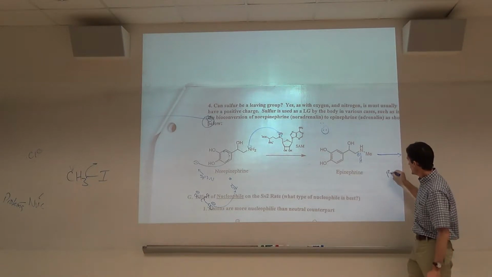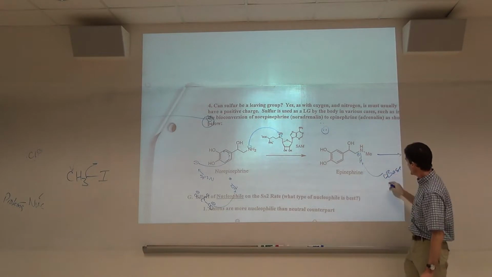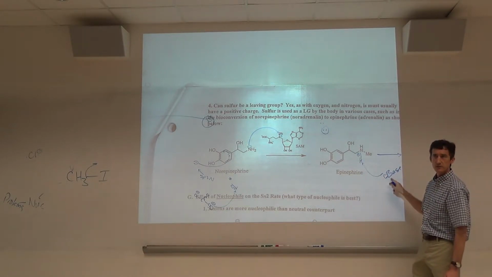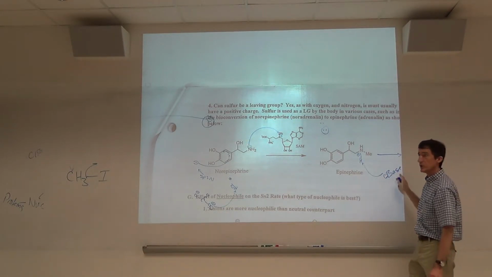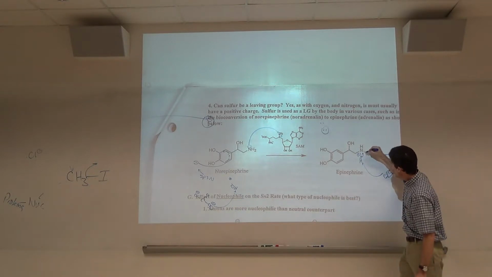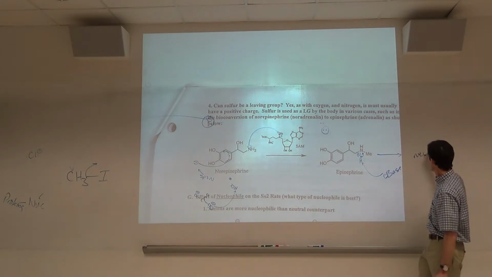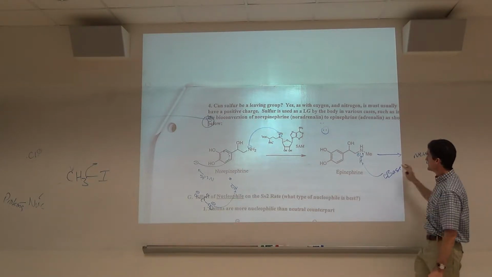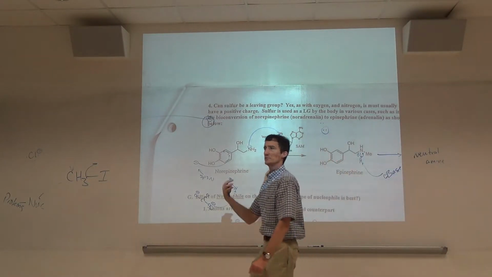Sometimes you see base just drawn generically. I really hate this. You really need to know what base you're dealing with. But something has to take the H to go neutral. Everybody see that?